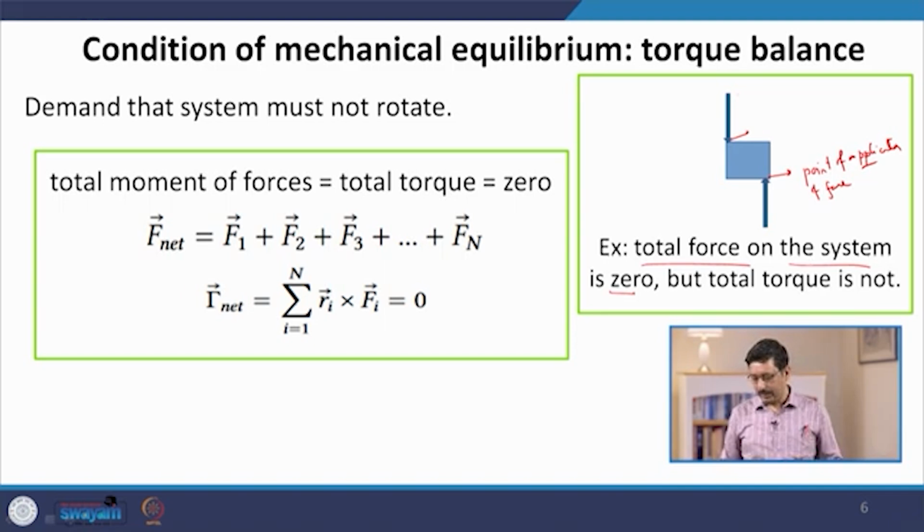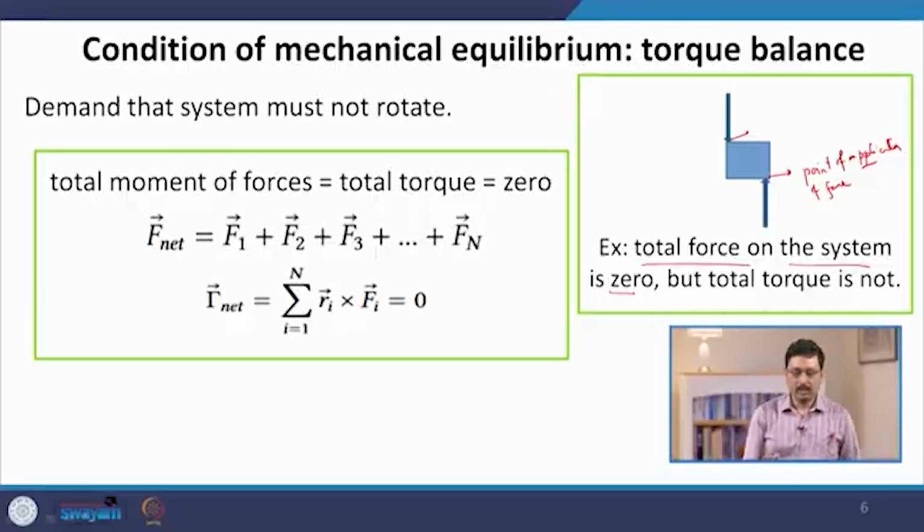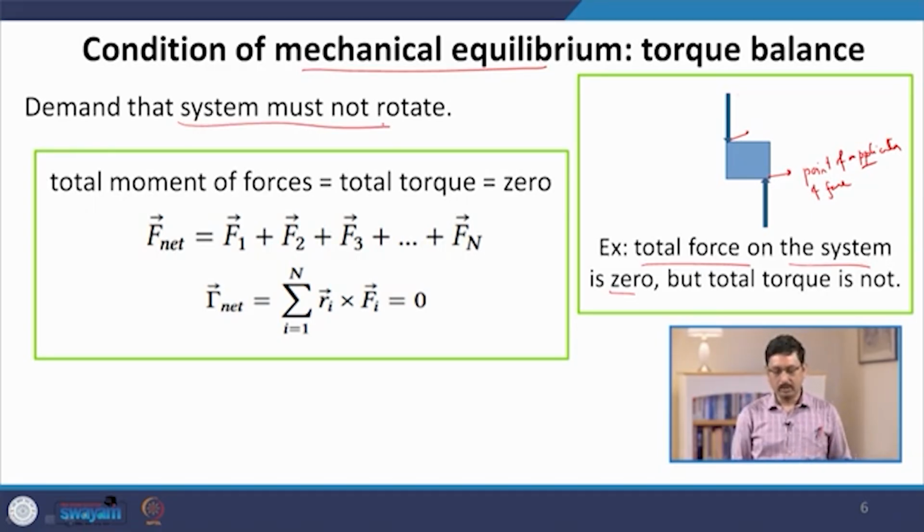For example, suppose I take this pointer as my object, and a force is acting from this side, another force is acting from this side. You can easily see that it is going to rotate. So, in the case of mechanical equilibrium, if we demand the system to be completely motionless, that means we demand that the system must not rotate as well.